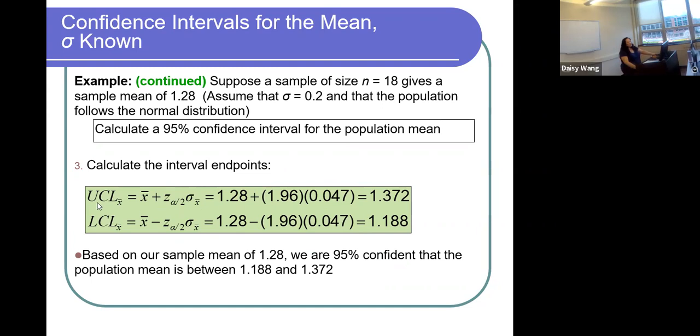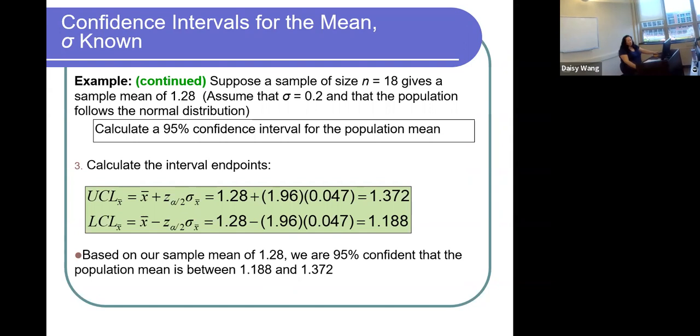So the upper confidence level will be 1.28 plus this, which is 1.372. And then the lower confidence level will be 1.188. Okay. So if the sample mean is 1.28, we are 95% confident that the population mean should be within 1.188 to 1.372.